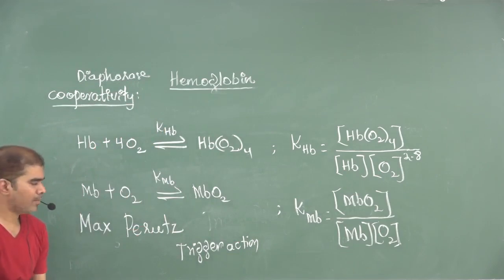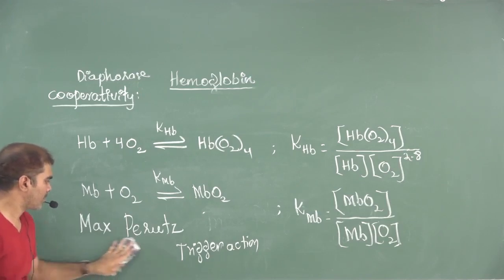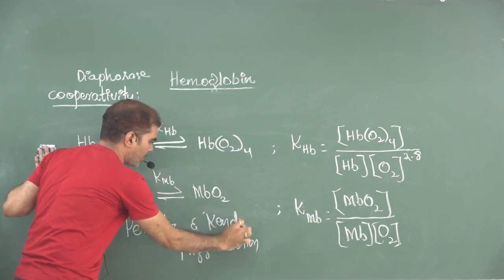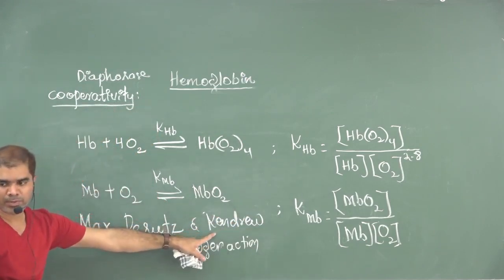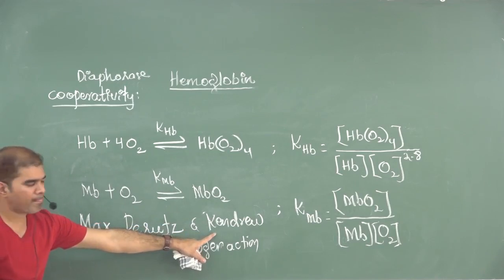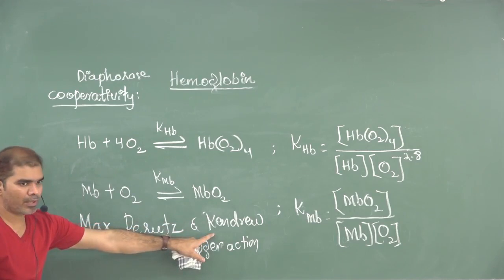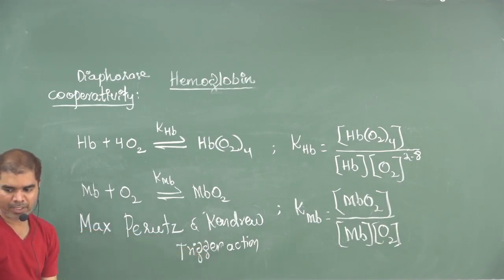In bracket you write down Max Perutz and Kendrew. Max Perutz and Kendrew got the Nobel Prize for giving the X-ray structure of myoglobin.